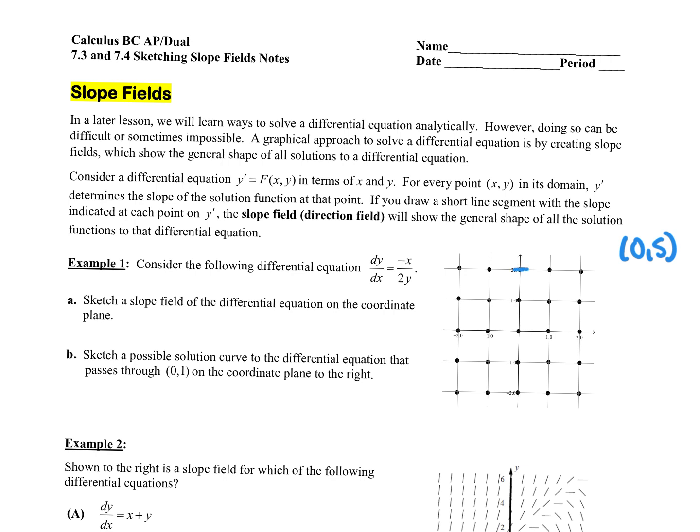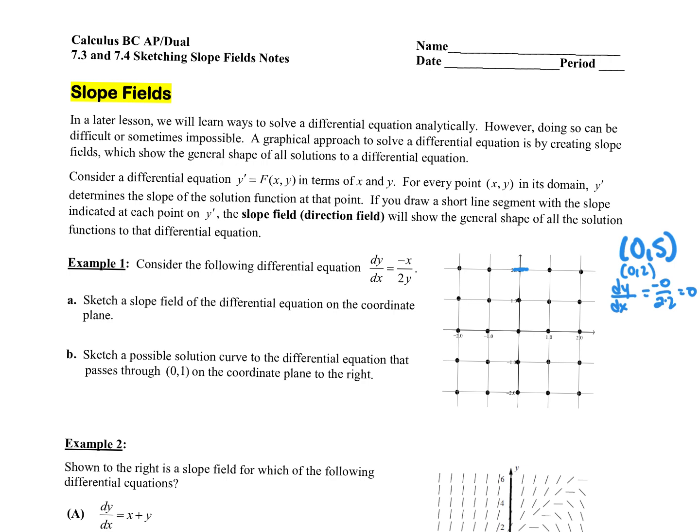So at 0, 2, if you plug in 0, 2 into this dy dx, it will be negative 0 divided by 2 times 2, which will be 0, right? So the tangent line will be horizontal at 0, 2.